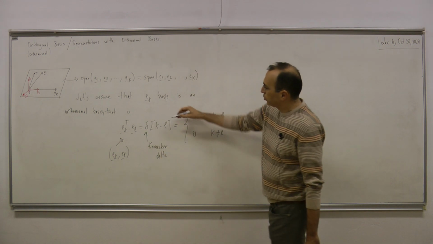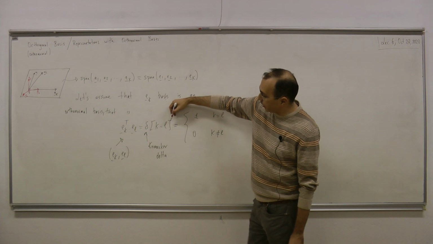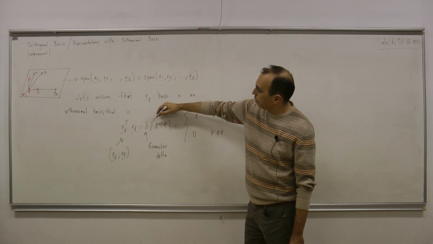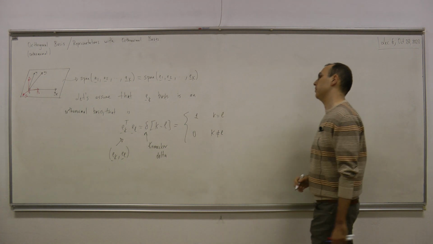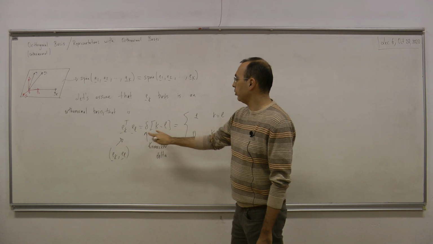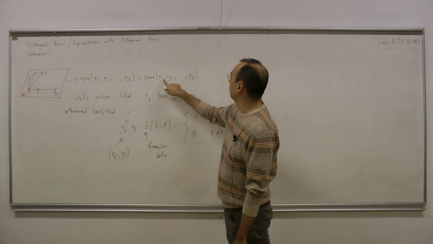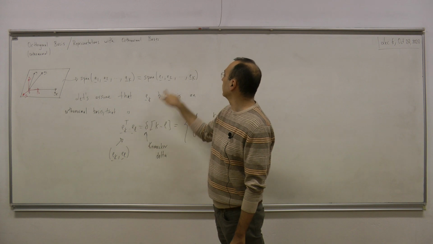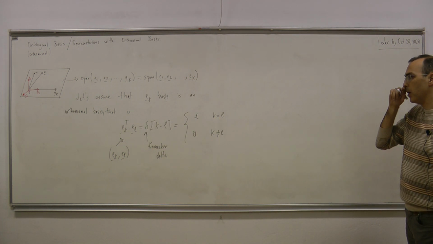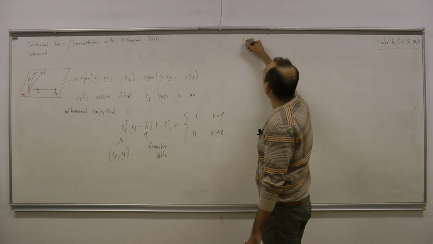This is a definition in signal processing, as many of you know very well. If the argument of this Kronecker delta is equal to 0, I have 1. Otherwise, it's always equal to 0. So the argument is equal to 0 when K is equal to L, when these indexes are the same. One of those numbers is K, the other one is L. That is it.